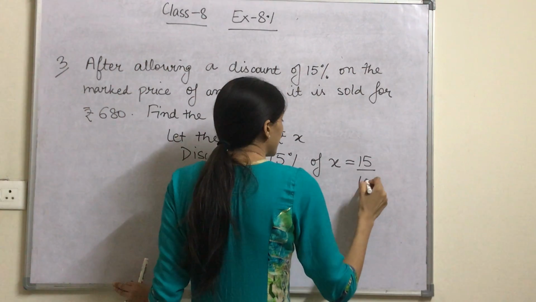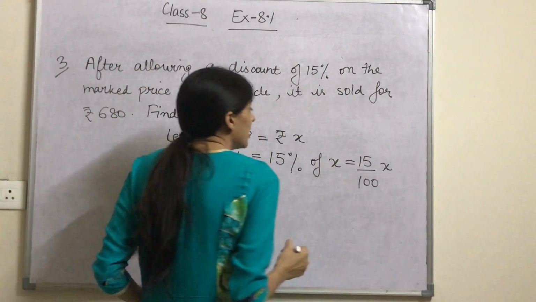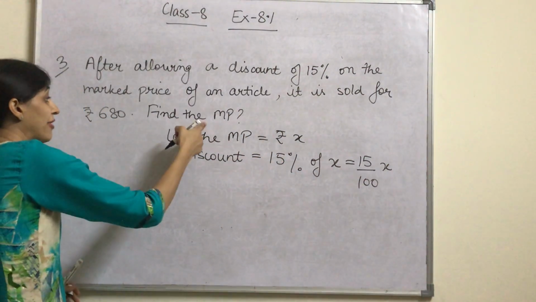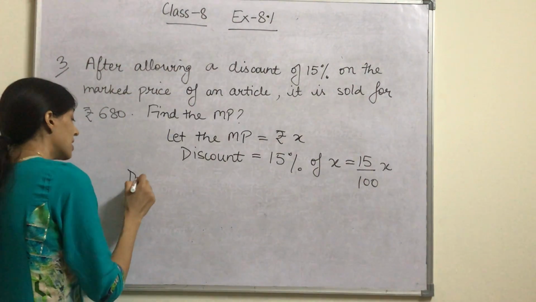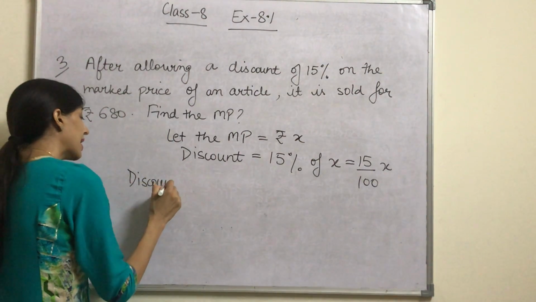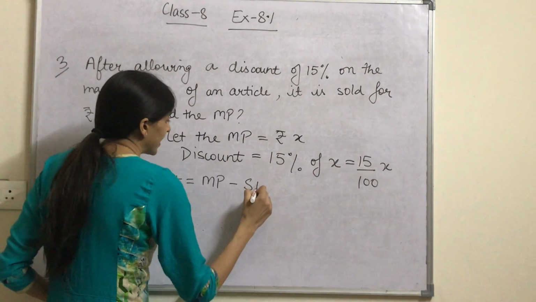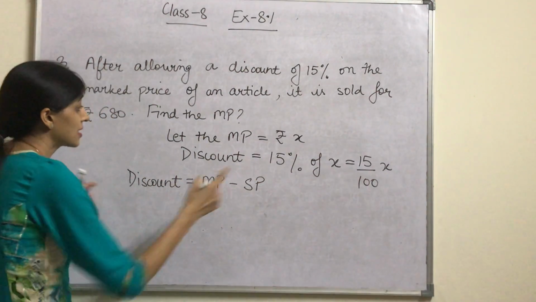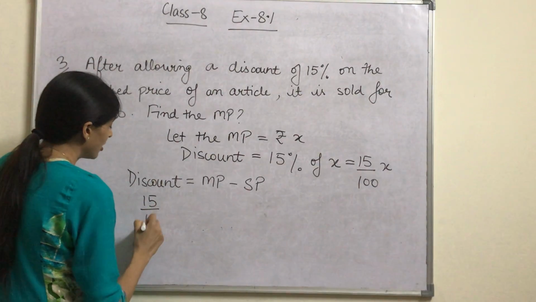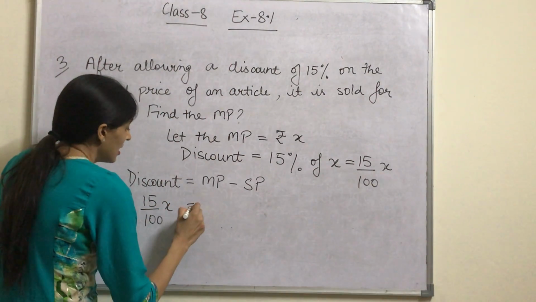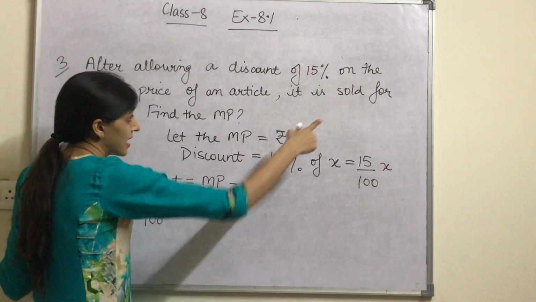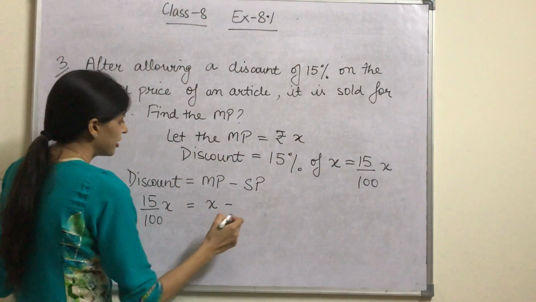That is 15 by 100 of X. We know the formula is discount is mark price minus sale price. Discount is 15 by 100 into X. Mark price is X and sale price is 680 rupees.